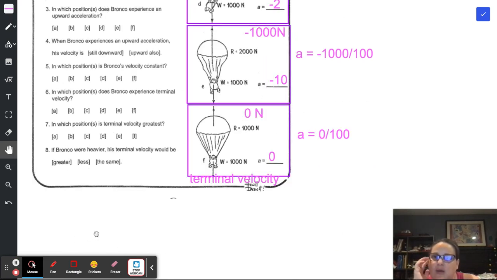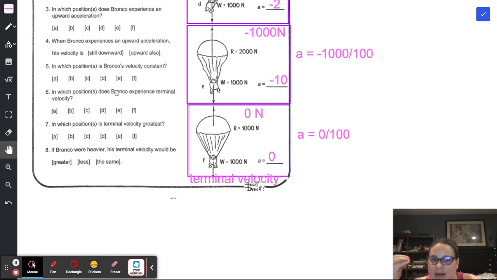Question 5. In which positions is Bronco's velocity constant? By definition, when velocity is constant, acceleration is 0. So any place where the acceleration is 0 is when the velocity is constant. In which positions does Bronco experience terminal velocity?